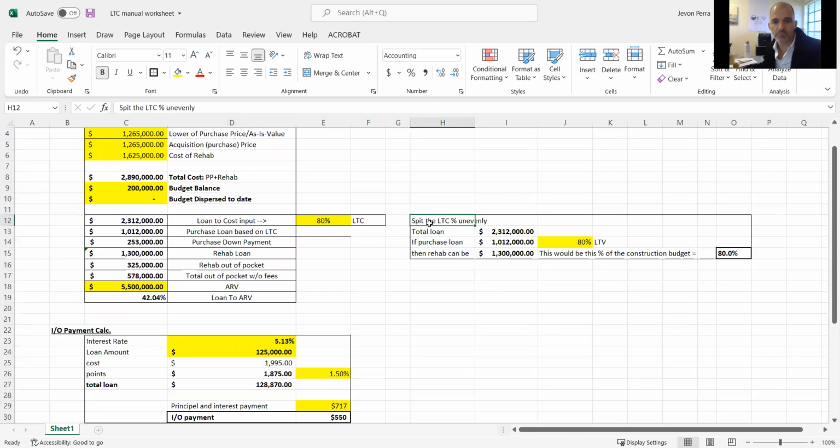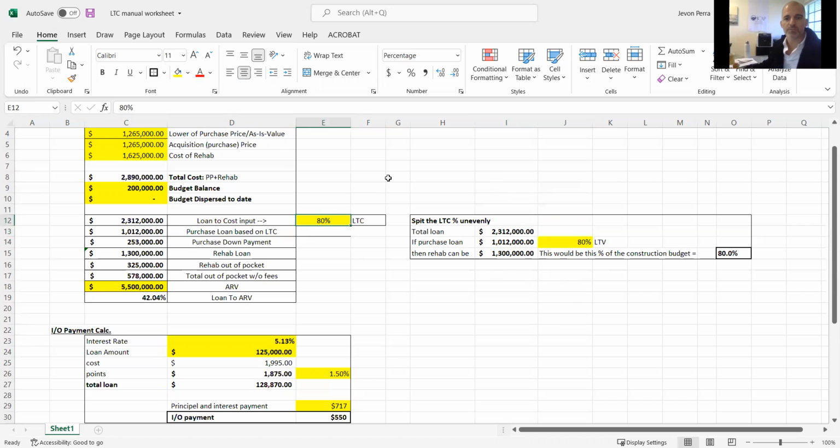Over here, if I want to split the LTC unevenly, what this means is if it's the loan to cost, the total loan between the purchase loan and the financed construction loan, the construction holdback, if that's 2.3, let's say I can go up to 90%, then maybe they can put less down.